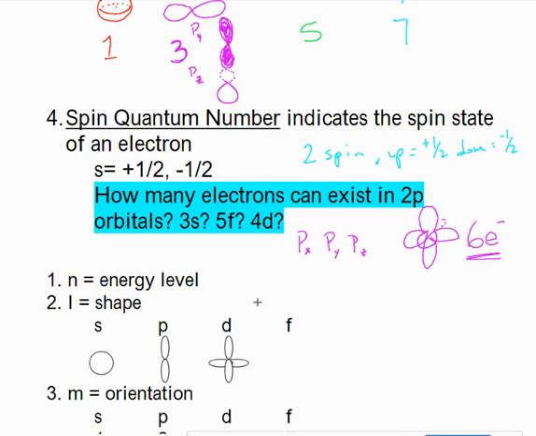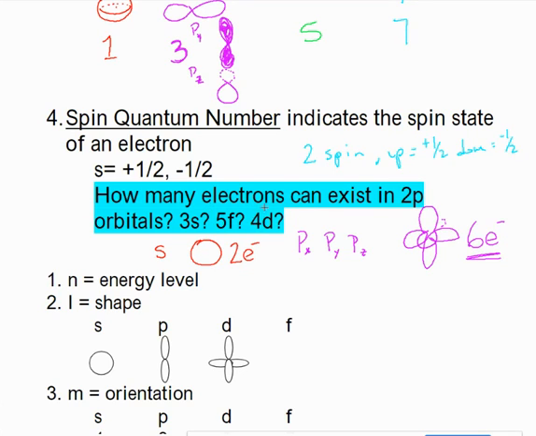The s orbitals, s only has 1 orientation, and that 1 orientation can hold 2 electrons. So s, there's only 1 orientation, it holds 2 electrons every time. f, since it has 7 different orientations to it, each orientation can hold 2 electrons, so the total number of electrons for any f orbitals is going to be 14.